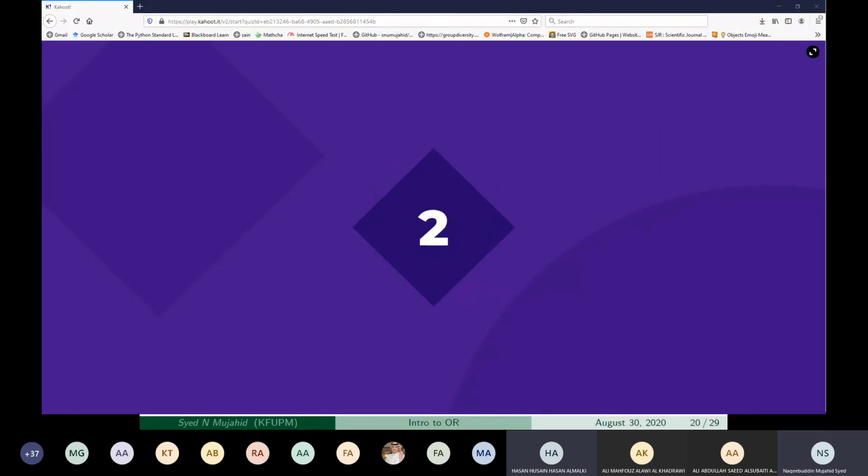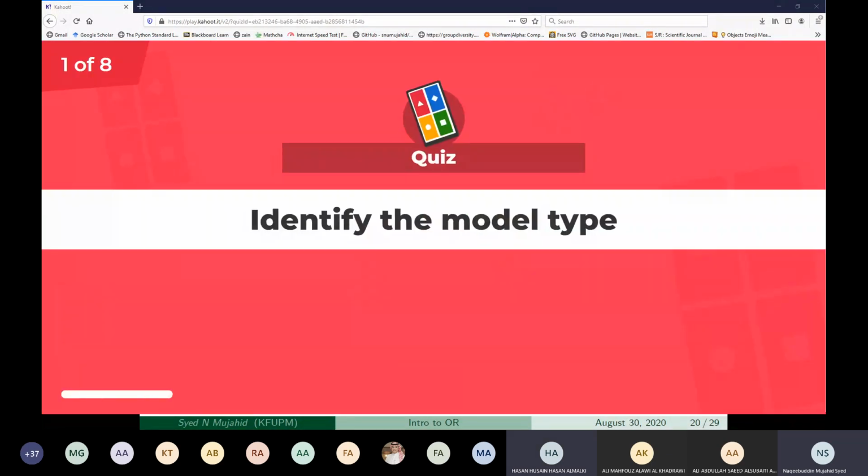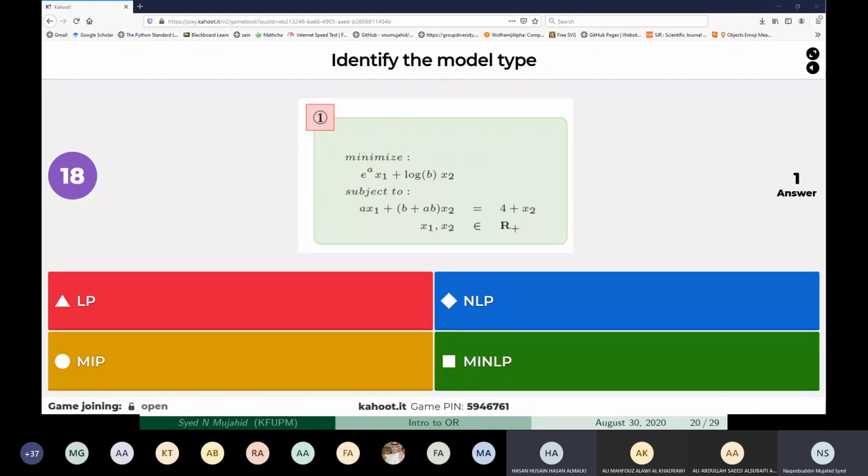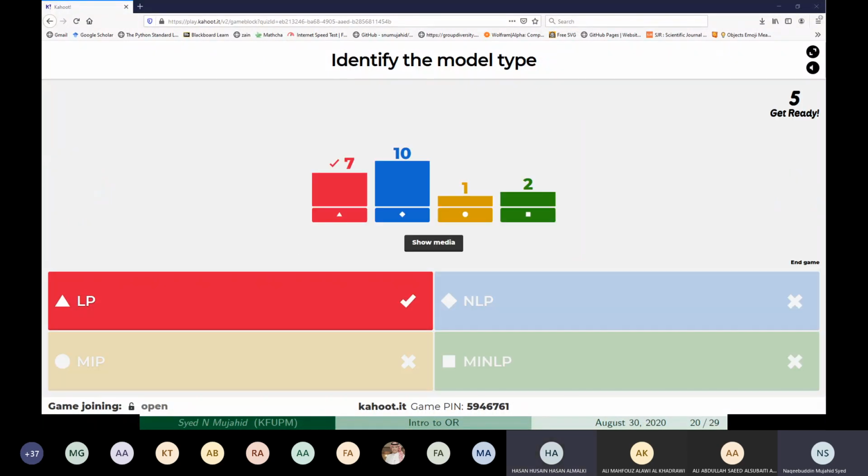So if the link is kahoot.it, and students are doing this, all you have to do is look at this mathematical model and click whether it's LP, NLP, MIP, or MINLP. The link is straightforward. Kahoot.it, and then say play game, and it asks you a question.